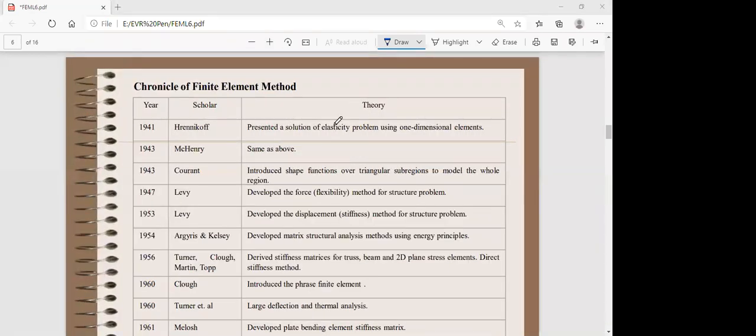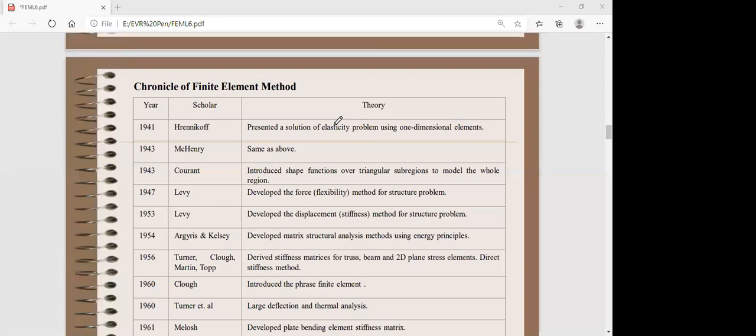So this is the chronological order of the finite element method and its development. In 1941, Hrennikoff presented a solution of an elasticity problem using one-dimensional elements, as I told in the previous slide. In 1943, McHenry did the same thing, solving elasticity problems using one-dimensional elements.